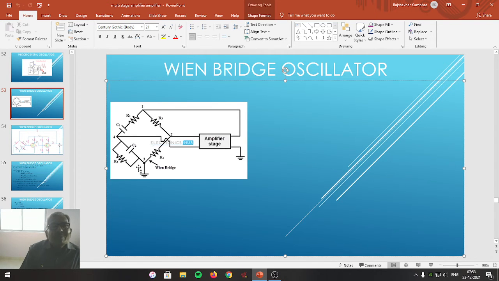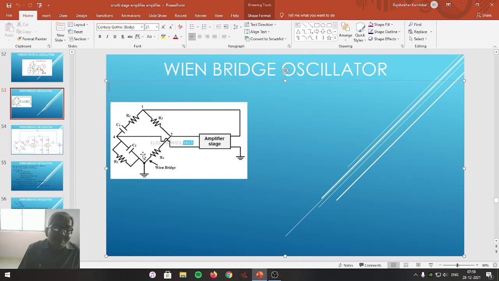During this process, the R and C connected in series and also the R and C connected in parallel in the respective arms will undergo charging and discharging through resistance, and naturally oscillations will set up in the tank circuit formed by the series combination of R and C and also the parallel combination of R and C. These oscillations produce the voltage when the bridge is unbalanced.